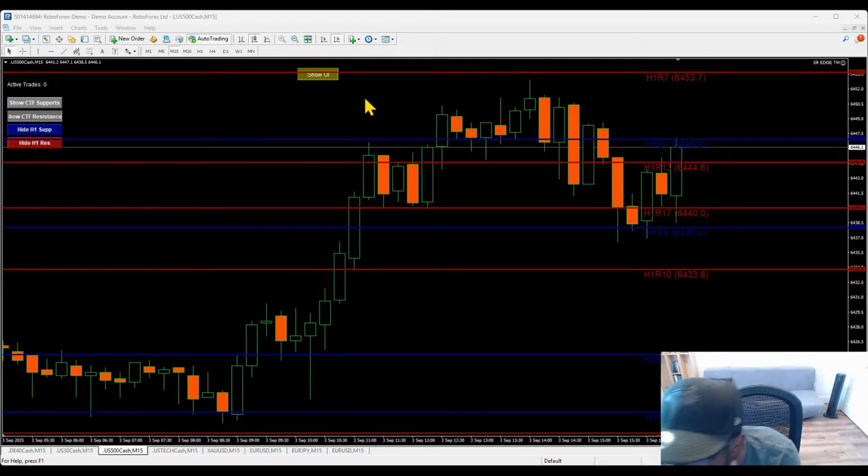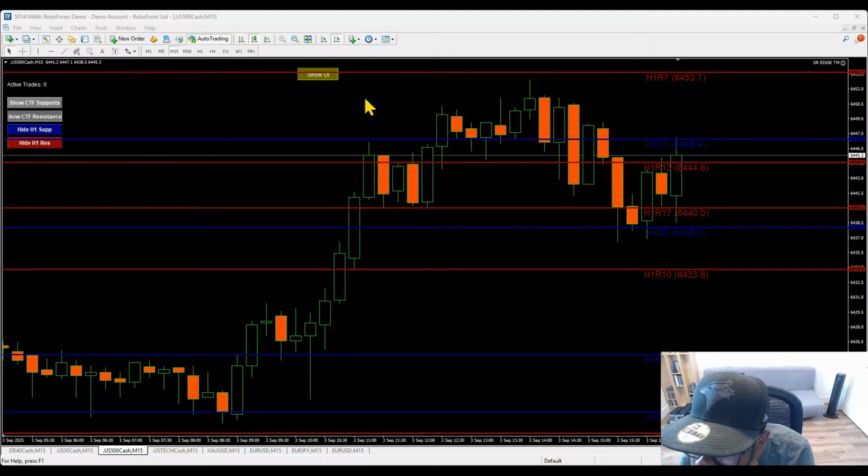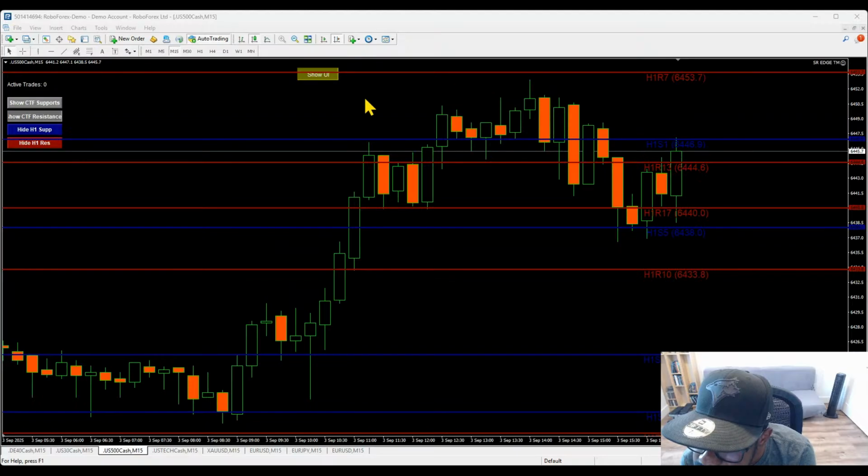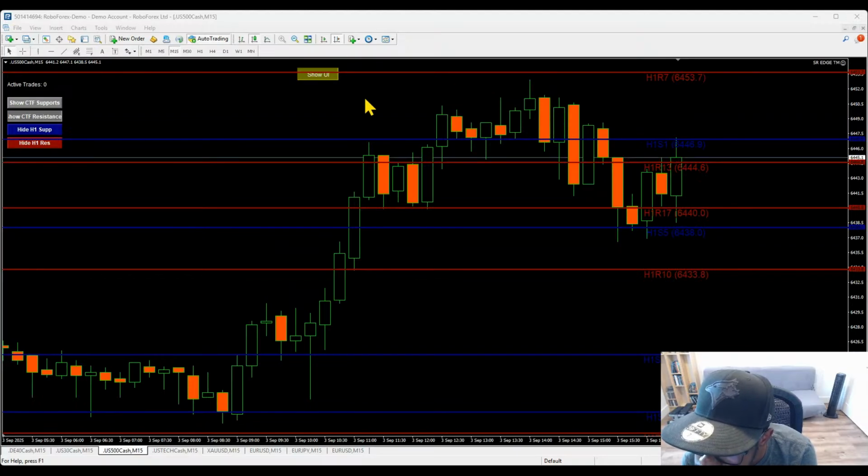No, Leon, the support and resistance indicator is not on TradingView. It's on MT4. The fair value gap indicator is on TradingView. For support and resistance, you need to check your email because I sent you an email for that, but the fair value gap is on TradingView.